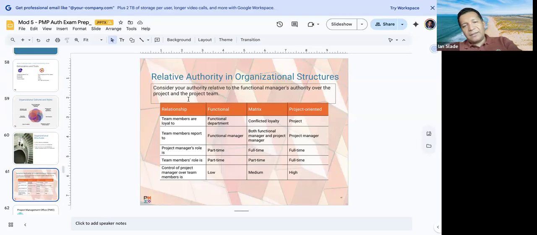In terms of who the team members are loyal to, think of functional more like operational or business managers. So it's the operational departments that rule. And think of project oriented as if a PMO is the dominant force, if you will, or is run mostly by projects.